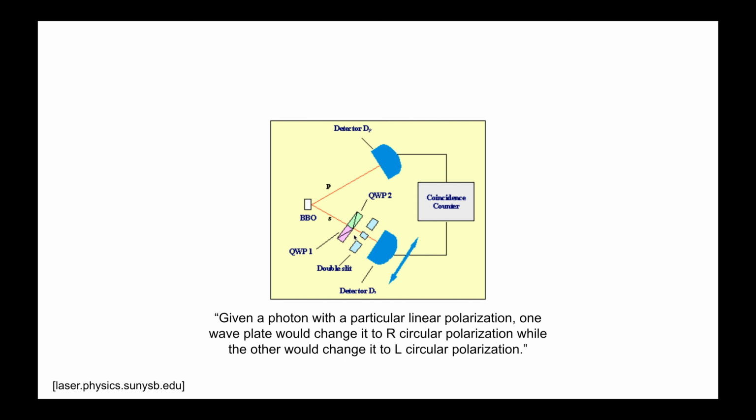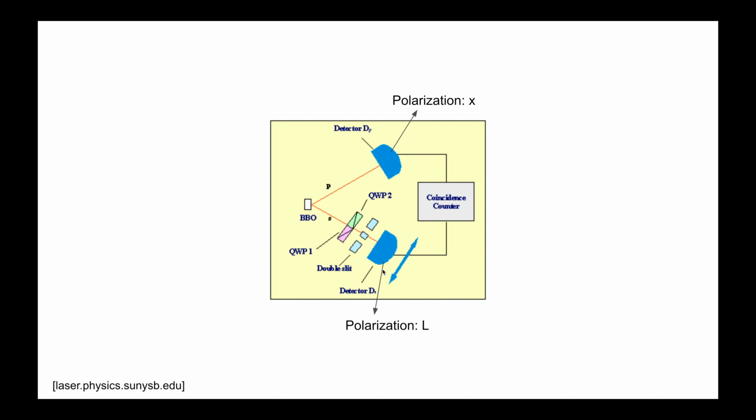Okay, cool. Now we have a very interesting situation. If, for example, we measure the polarization of P on the detector to be X, then we know that before the plates, S was polarized along the Y direction, right? So we know it's the Y direction, and we know that after the plates, it becomes left.